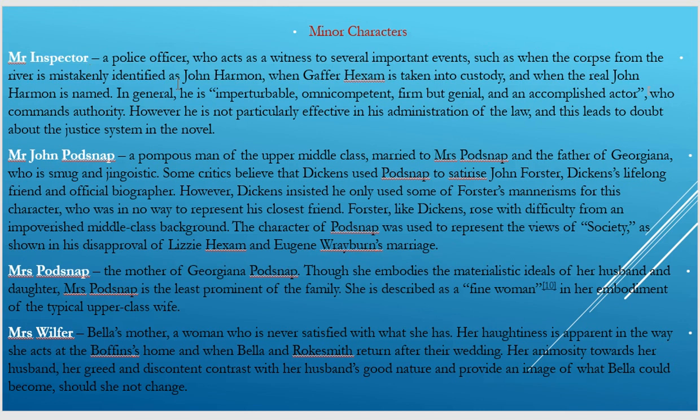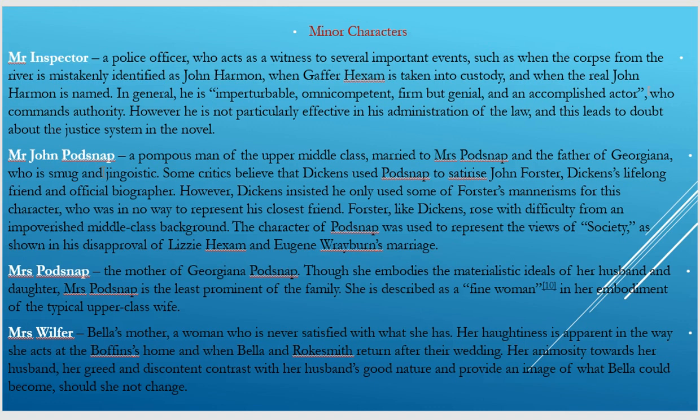So he has the part to wrongly identify the John Harmon corpse, and that's how the story changed. The point for it is he casts doubt about the justice system in the novel. So he has kind of one task, to show the injustice level of the novel.